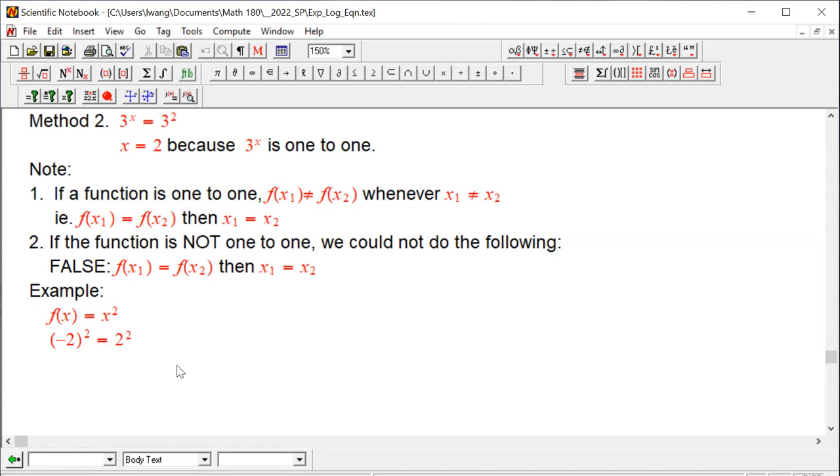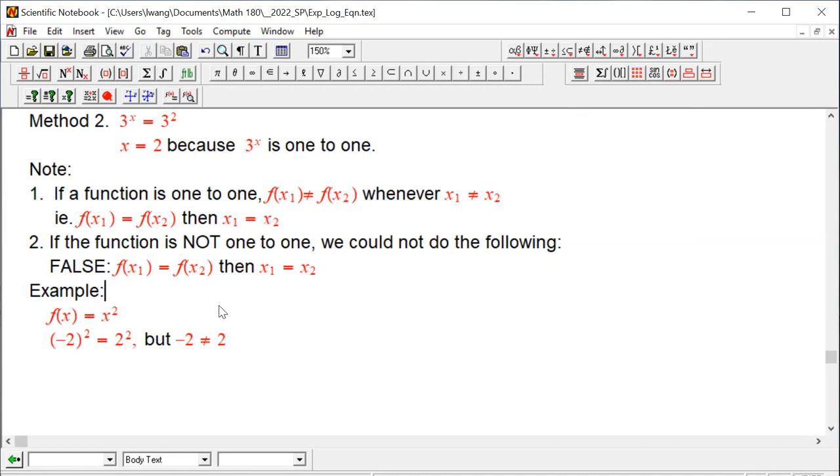Can you say negative 2 is equal to 2? Obviously not. Negative 2 is not the same as positive 2.